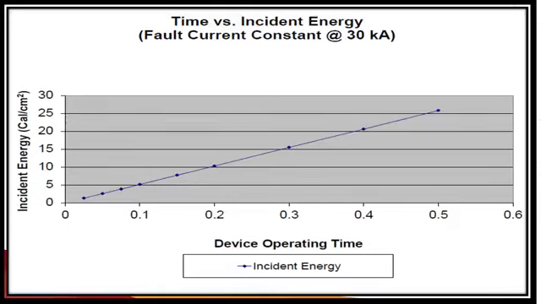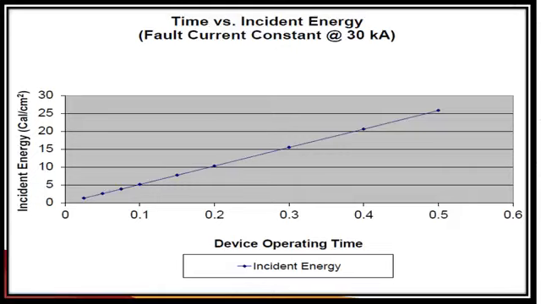From the HSEQ background and having a CSP credential, you know that this 25 cals per centimeter square incident energy is very dangerous. I think in Aramco as well as in other Australian companies, from the design side, only 8 cals per centimeter square of incident energy is allowed.